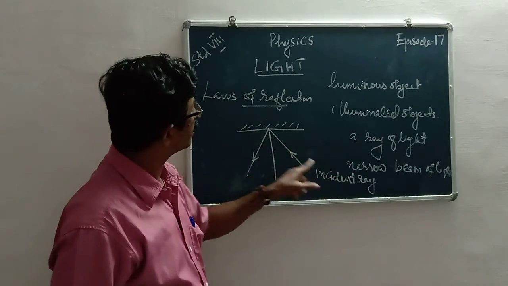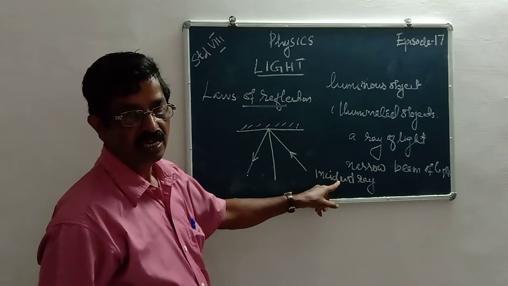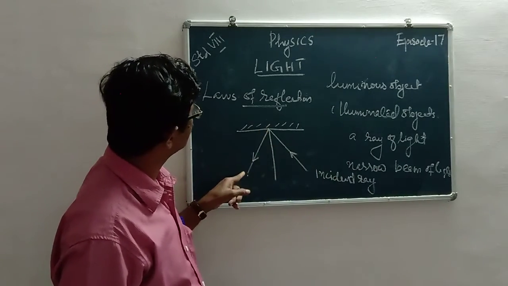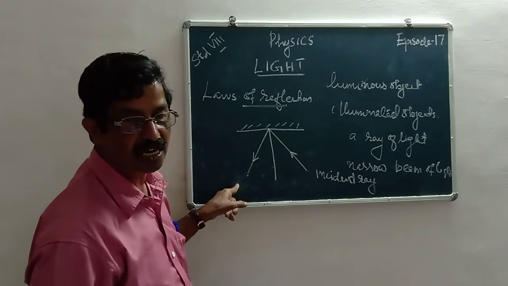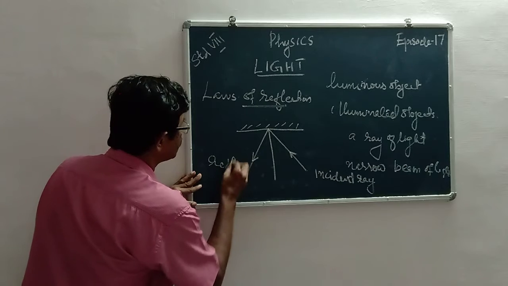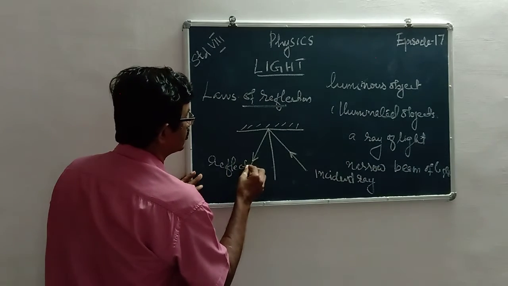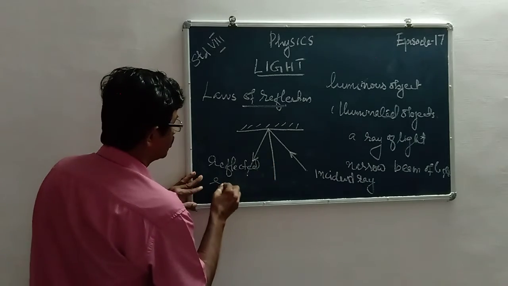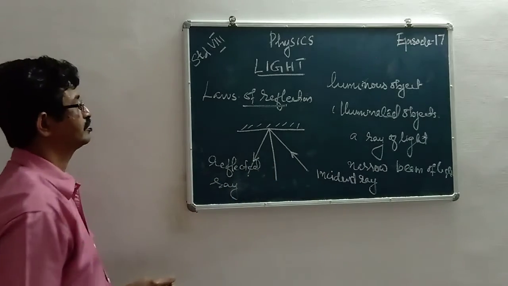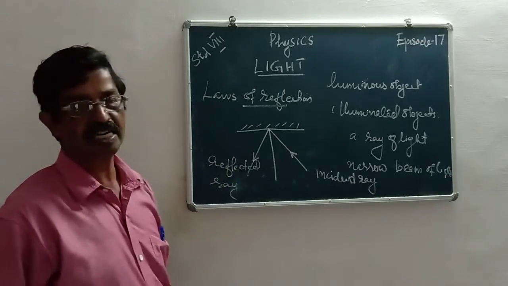The ray which falls on this surface is called the incident ray. And the light that comes from the surface is called the reflected ray.